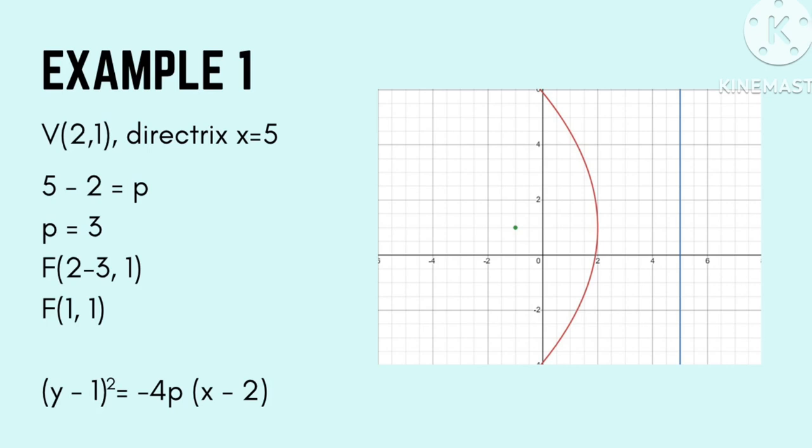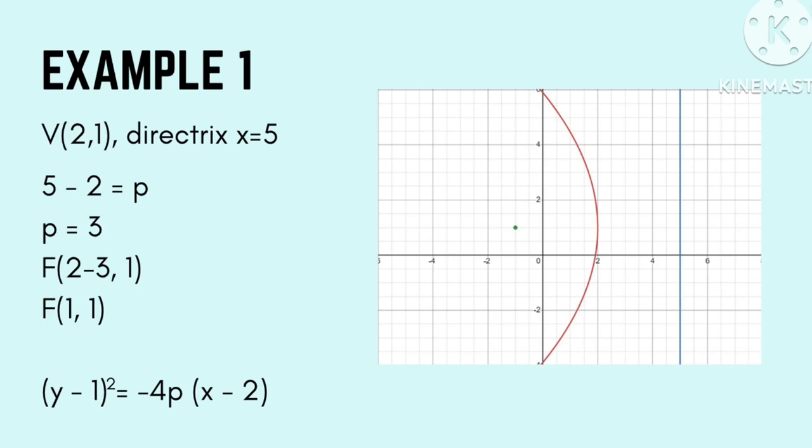How do we know if it's really facing to the left or to the right? We already know that our focus and our vertex are on the left side of our directrix. That is how we can identify if it is facing either left or right, and it is also applicable to up and down facing parabolas.